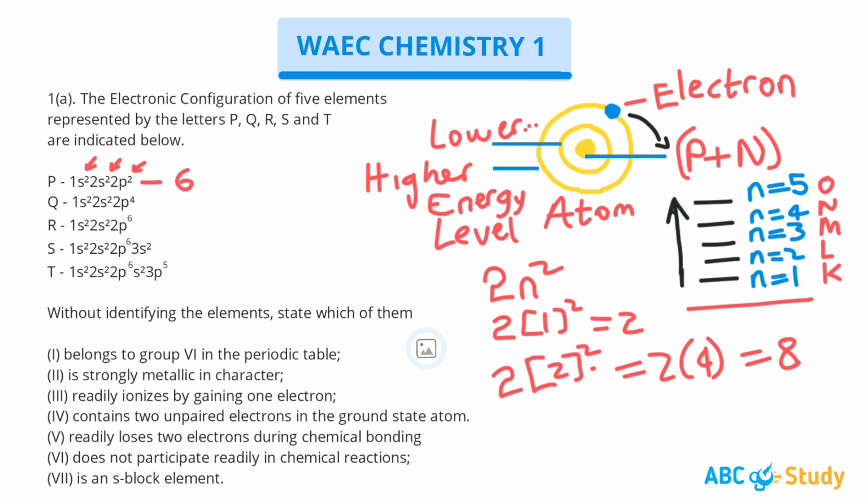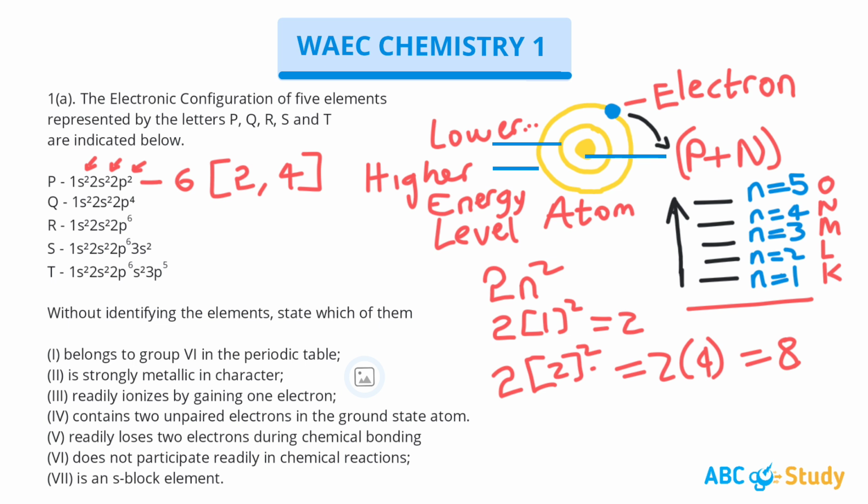So grouping them, K has a maximum number of 2 electrons, then you check L, which has a maximum number of 8. So you can quickly write the rest: 2, 4. So that's the electronic configuration of that very first one.